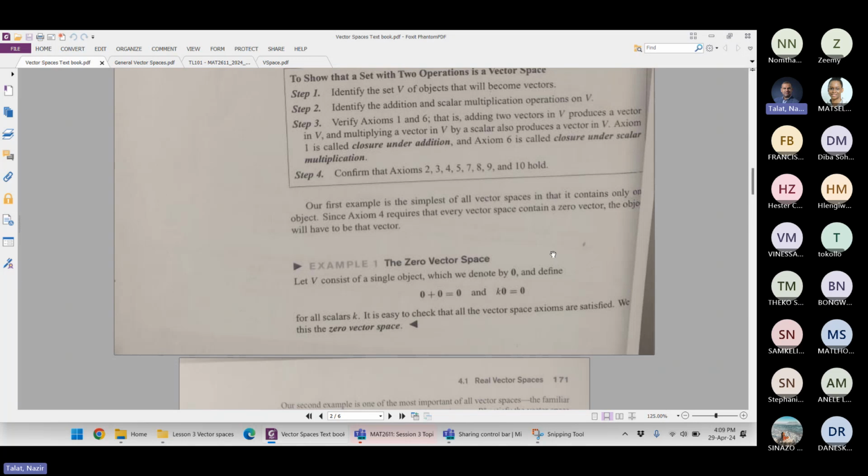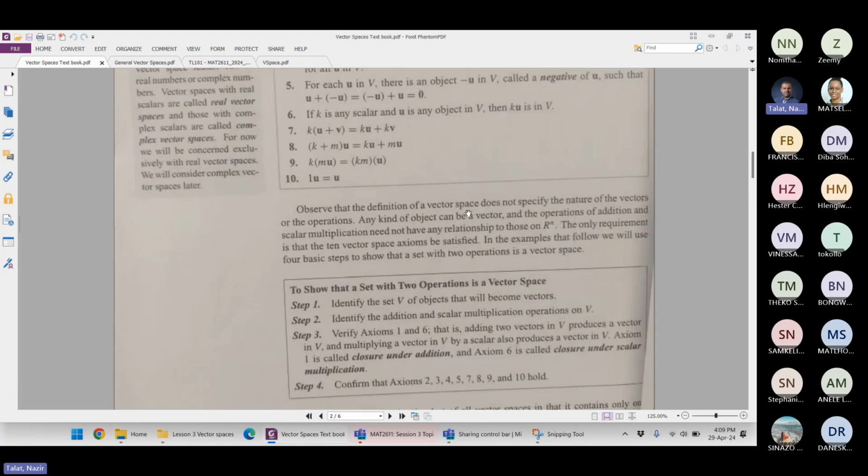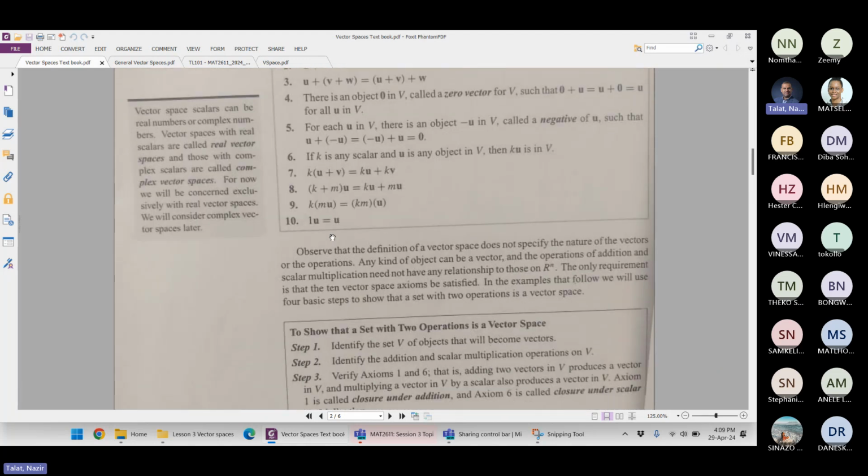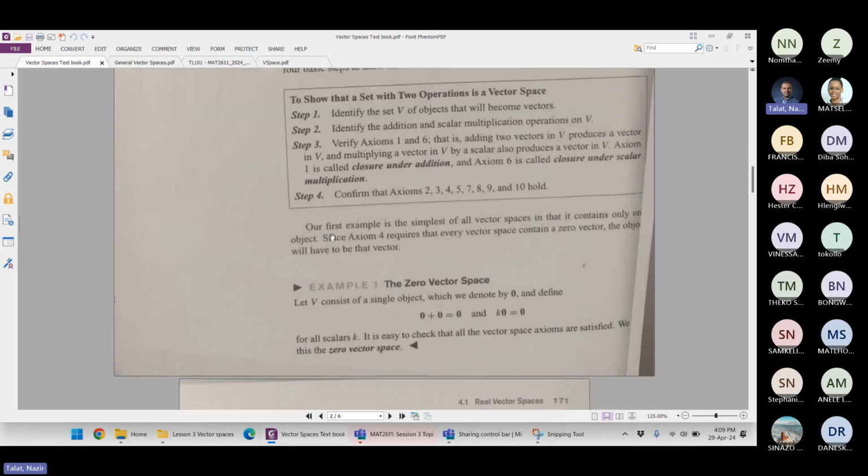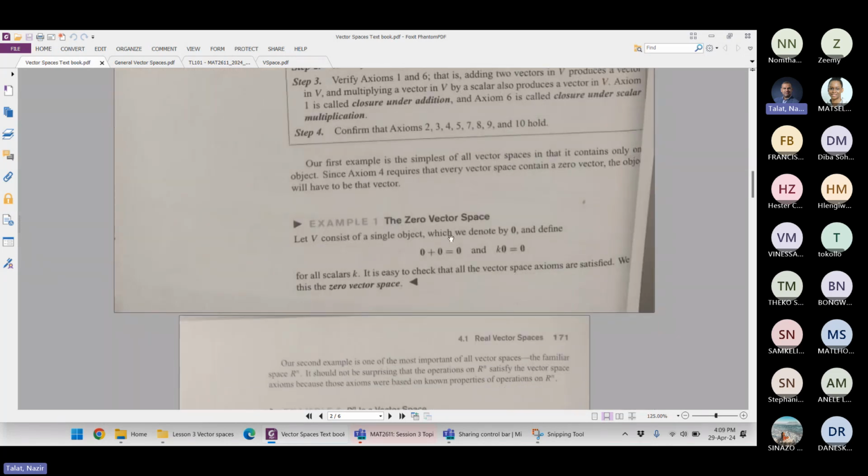And if we take these two operations on any of its elements, obviously it only has a 0. So 0 plus 0 is equal to 0, and k times 0 is equal to 0. By default, if you check all these axioms, they are satisfied. The axioms of a vector space are satisfied, and hence we call this zero set a vector space.